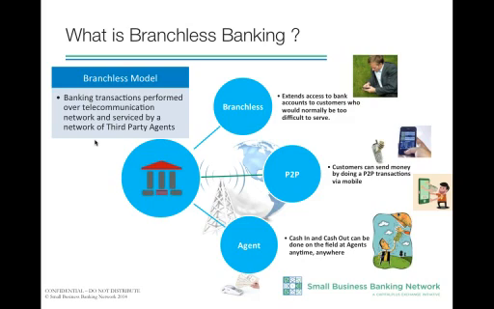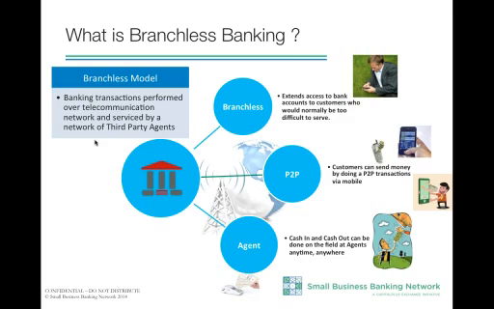Agents, as you see in this slide, play a major role. Agents are not bank employees, but are certified and appointed by the bank to perform certain types of transactions. They are also supposed to carry out certain KYC before certain transactions are done, or before accounts are opened.